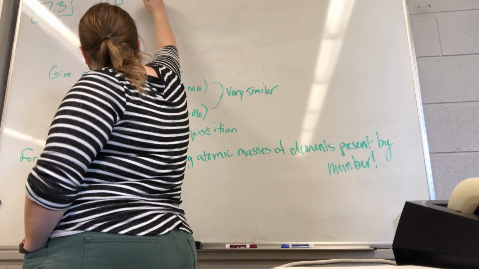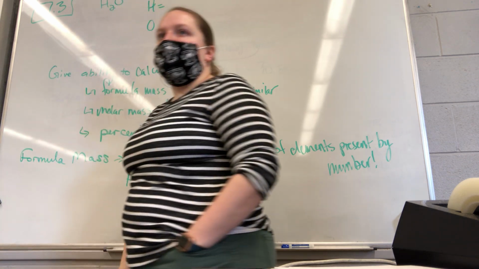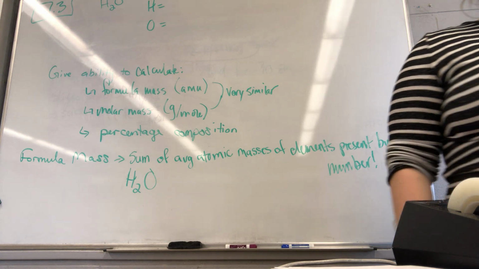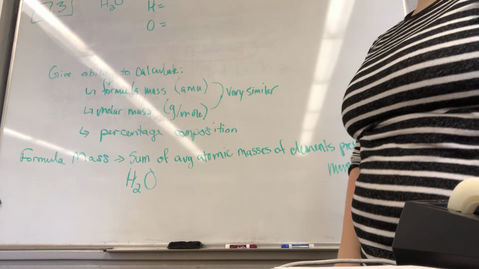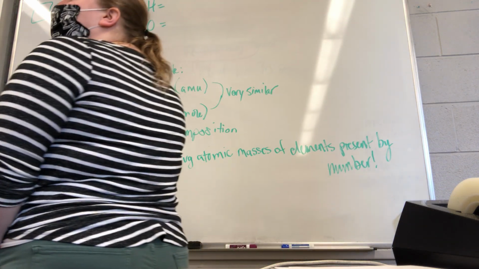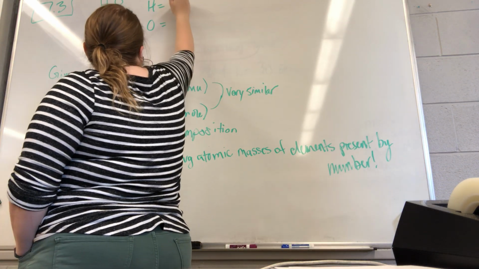Okay? Where do we get formula masses for individual elements from? Periodic table. On my periodic table, those are the red masses. Okay, so a hydrogen atom has a mass of 1.00795.